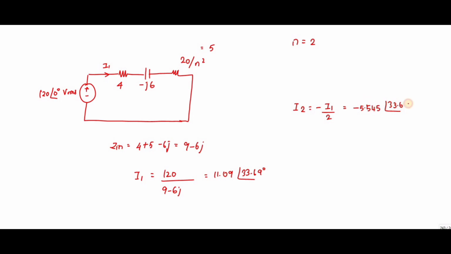V0 is equal to 20 I2. The complex power is 133.08 at minus 33.69.